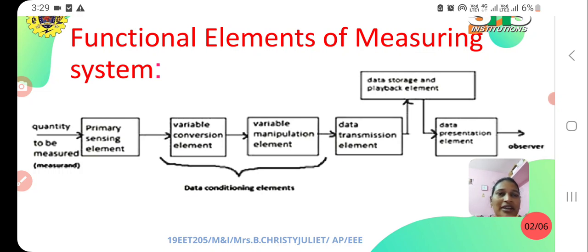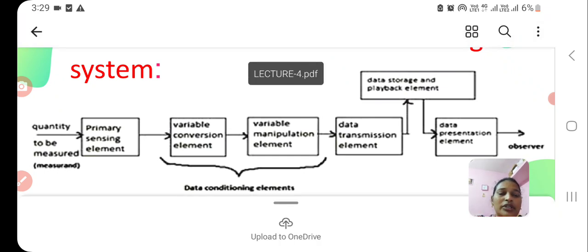So we need an analog to digital converter to convert the output of the primary sensing element, or transducer. These electrical signals will be converted into digital signals, and these digital signals will be approximated, or filtered, or manipulated using a variable manipulation element.